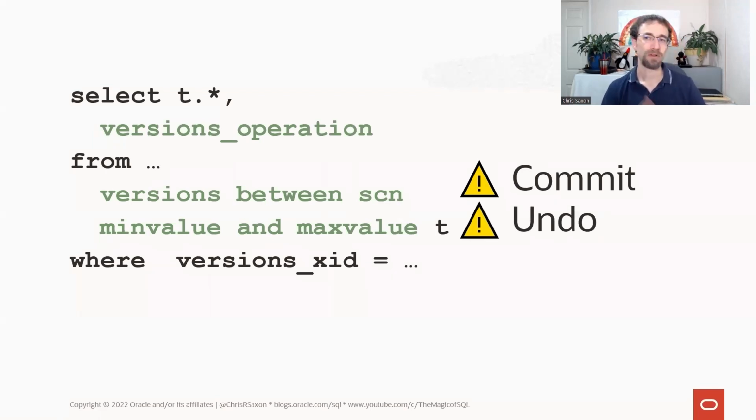So if you've got lots of long-running processes, transactions, and you get to the end of it and want to see this merge split, the information might have already been lost. There are ways around this. You can increase your undo retention. You can use Flashback Data Archive. But the point is, out of the box, it's actually quite a narrow window where this information is available. So it's good if you can use this. You can work around these limits, but it may not always be available.